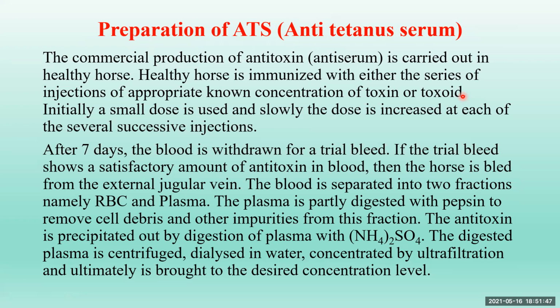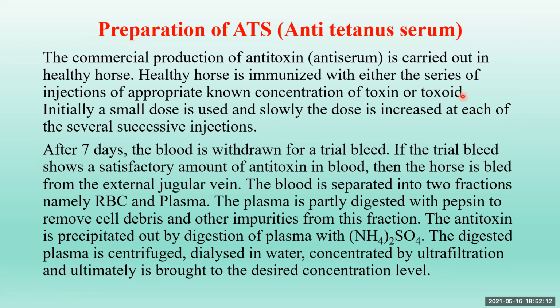The blood is separated into two fractions, RBCs and plasma. Plasma is partially digested with pepsin to remove the cell debris and other impurities from this fraction. And what we get is antitoxin. Antitoxin is precipitated out by digestion of plasma with ammonium sulfate. Okay. So the plasma is subjected to digestion and antitoxin is precipitated out.